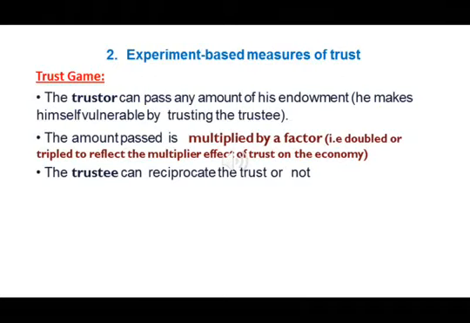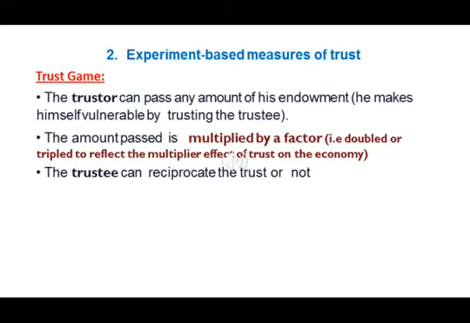The idea behind this doubling or tripling of the amount passed from the trustor to the trustee is to reflect the multiplier effect of trust on the economy. We mentioned before that trust is very important from an economic perspective. It leads to economic growth, for example.